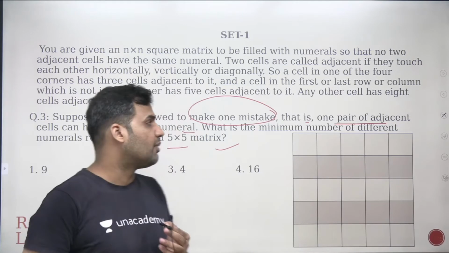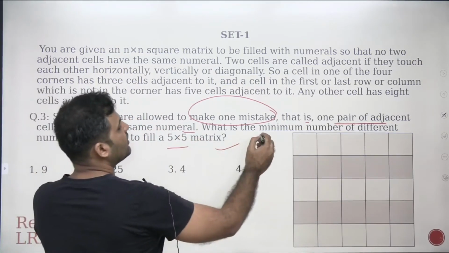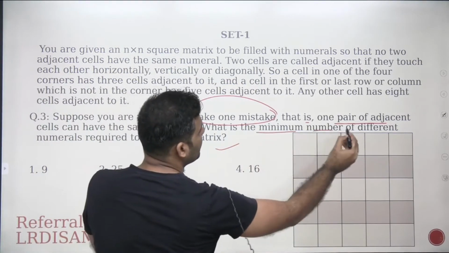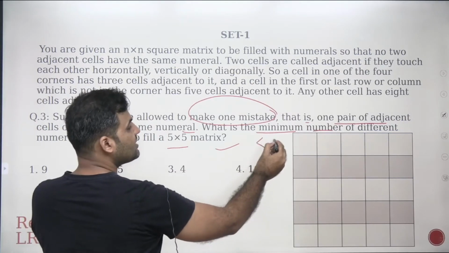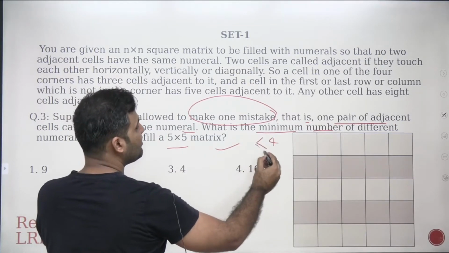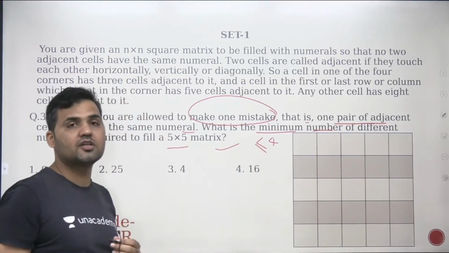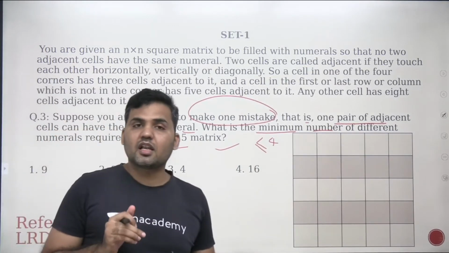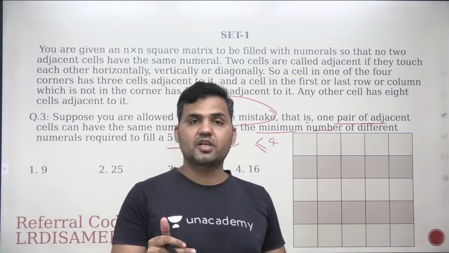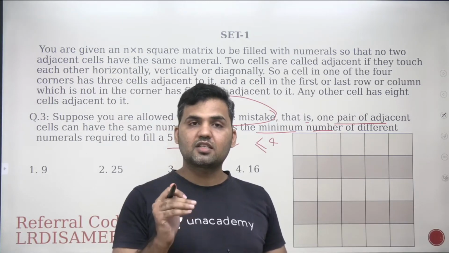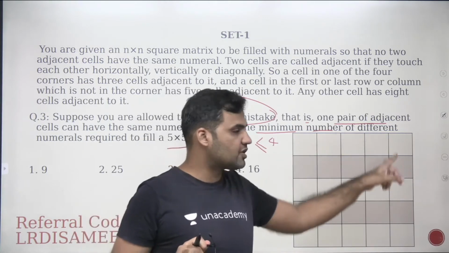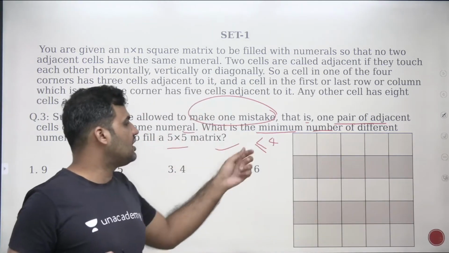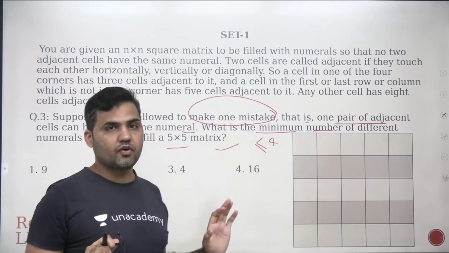That means my answer for this particular question, if I am looking for the minimum number of numerals, has to be less than my previous answer, or at max equal to the answer, because now the examiner is allowing me to make one mistake. Making one mistake gives me the opportunity of using fewer digits to fill this matrix. So my answer will be less than or equal to 4.